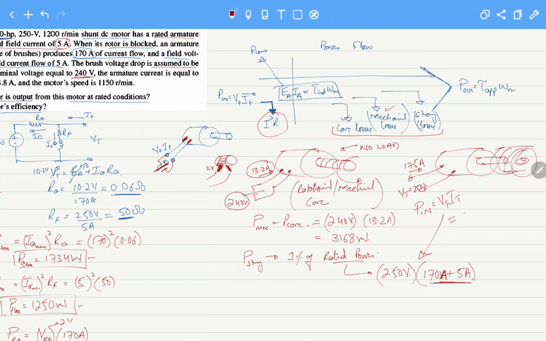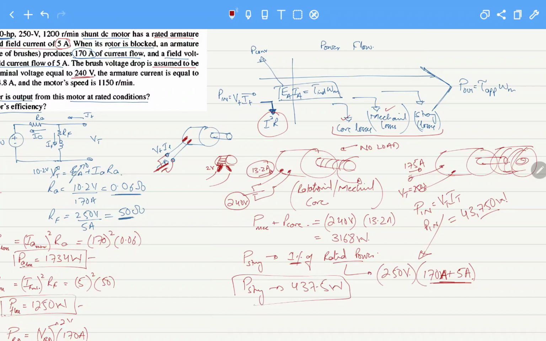This is the rated power and it will be equal to 43,750 watts. And the P stray will be 1% of the rated power, which we calculate by multiplying 0.01 with 43,750 watts, giving 437.5 watts.